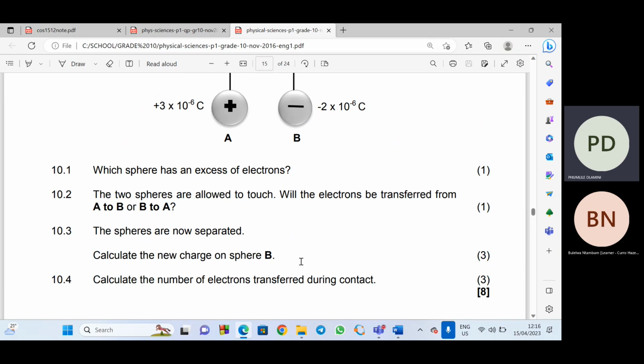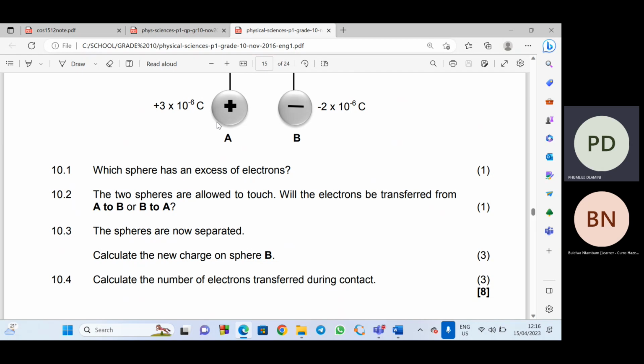Then the two spheres are allowed to touch. Will the electrons be transferred from A to B or from B to A? They will be transferred from A to B. I'm giving you the answer already. The spheres are now separated. Calculate the new charge on sphere B when they are separated.